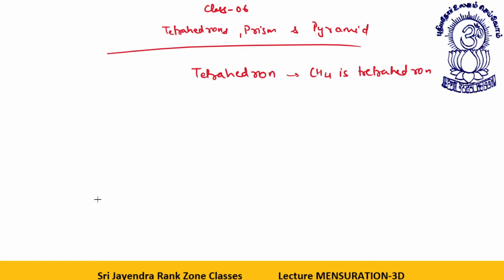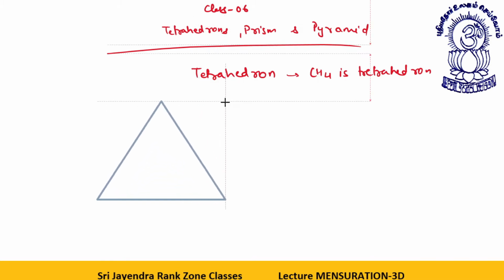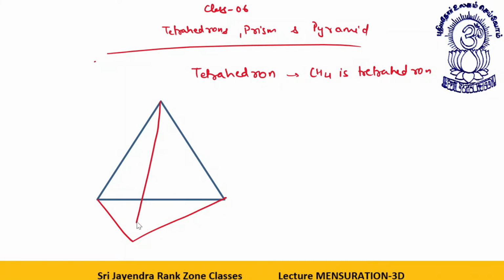See, I take a triangle like this, and I join this, and I join this. Now what do we have? A tetrahedron.